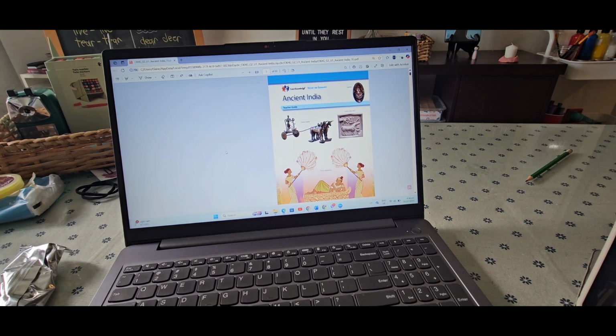And we also try to read books, living books, stories based on that time period or the topic.